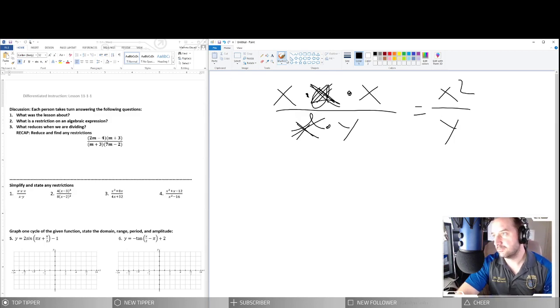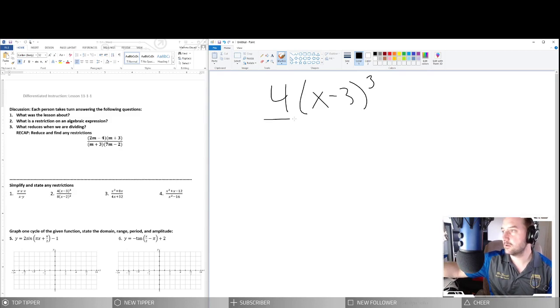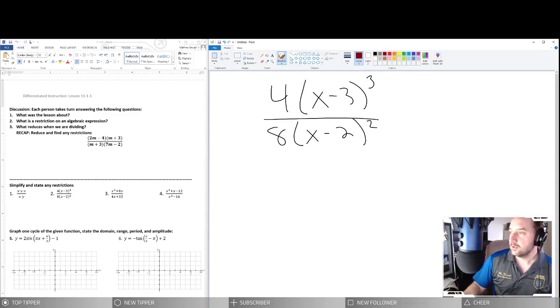Let's look at number 2. If I have 4 times x minus 3 cubed over 8 times x minus 2 squared. This 8 is the same as 4 times 2. Well, the factor of 4, those will reduce.